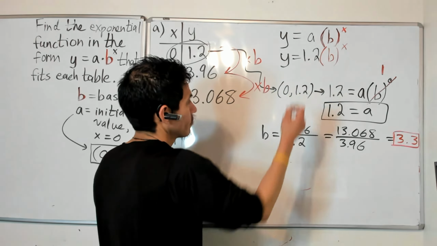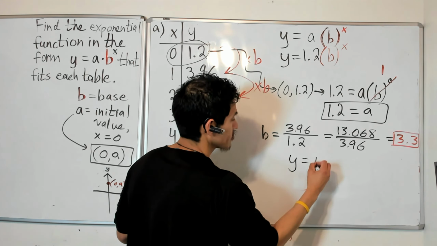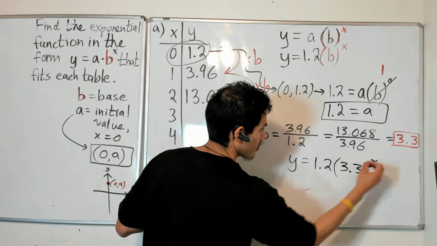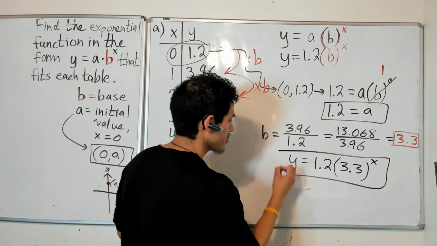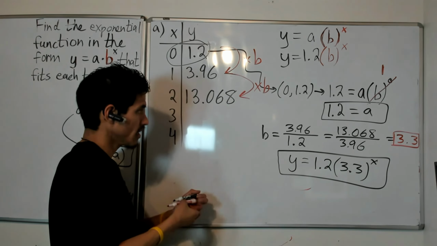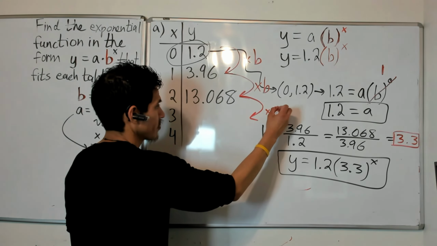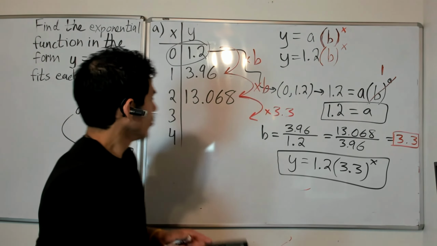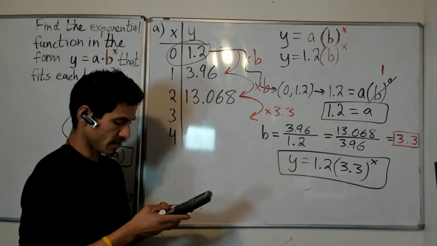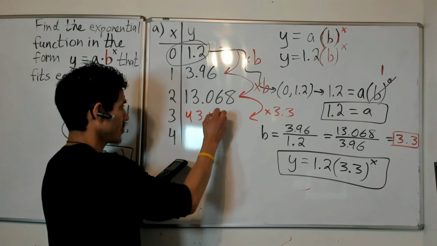Then we can write our equation as y equals 1.2 times 3.3 to the x power. So this will be our equation. And then just verify, make sure that it works out. If you multiply 13.068 by 3.3, we'll get 43.1244.